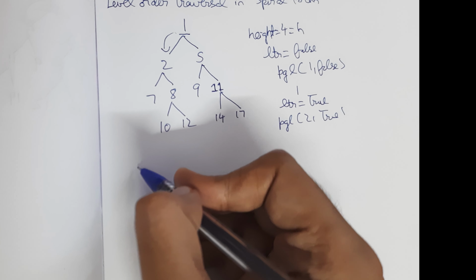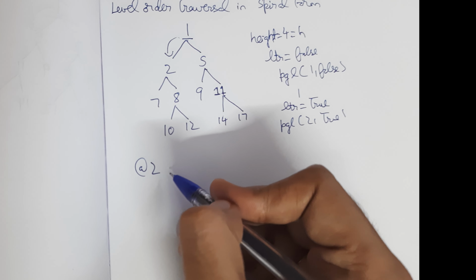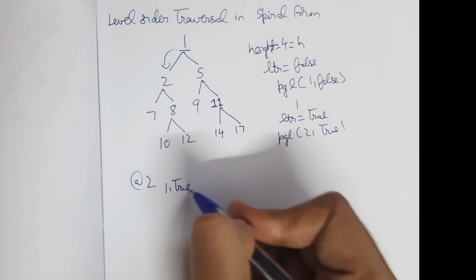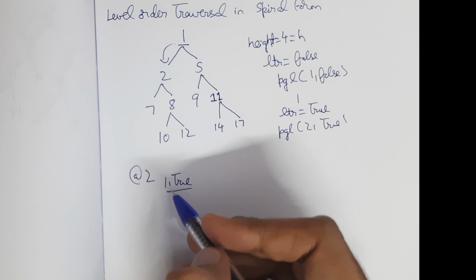So at node 2, we pass the values 1 comma true to the function, and since the level is equal to 1, the value is printed as 2.